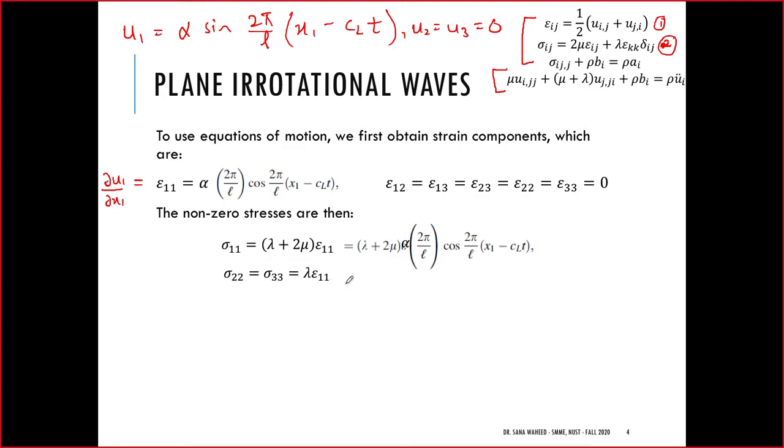The other ones are all 0. And since I already know what epsilon 1 1 is, I can substitute that. That's all I've done, I picked this up and wrote it directly here.